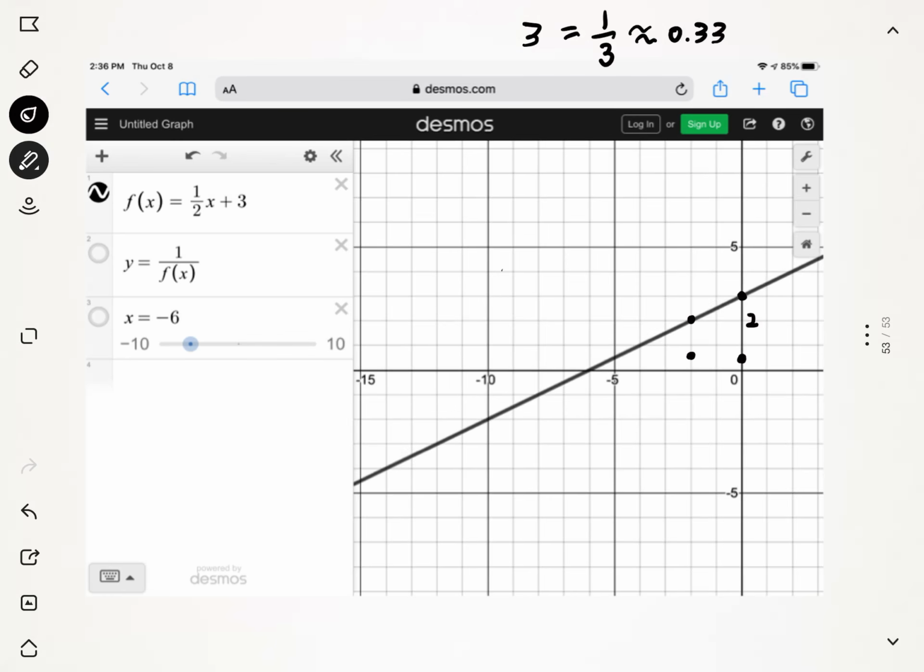We discussed numbers where the reciprocal was the same as its original value. The numbers 1 and -1, the reciprocals of those numbers are the same. So in this case, we have a y value of 1 on this point right here.